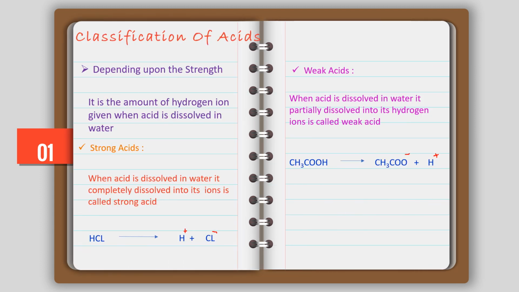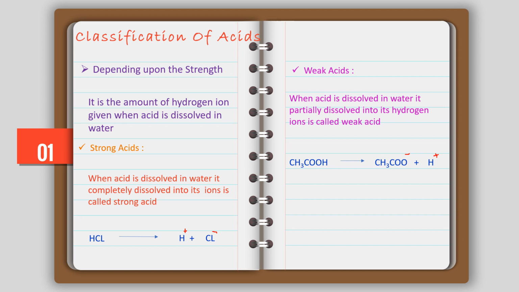Now, classification of acids based on strength. Strength means the amount of hydrogen ions given when an acid is dissolved in water. When an acid is dissolved in water and dissociates completely into positive and negative ions, it is called a strong acid. Examples are sulfuric acid, hydrochloric acid, nitric acid.